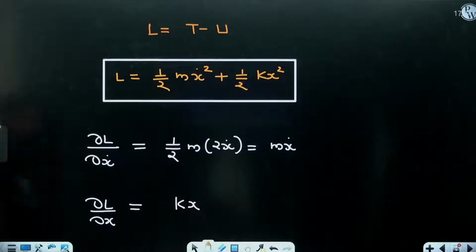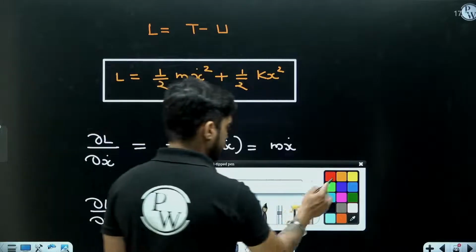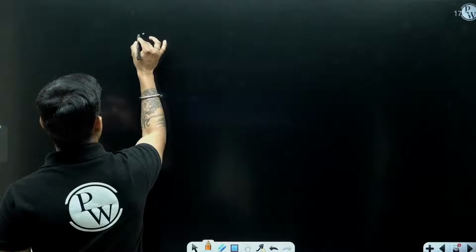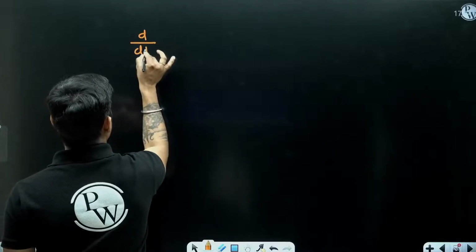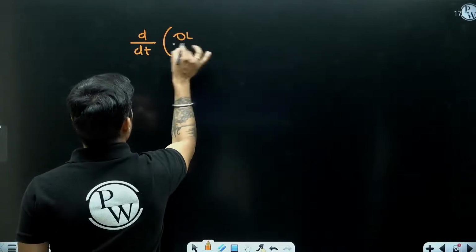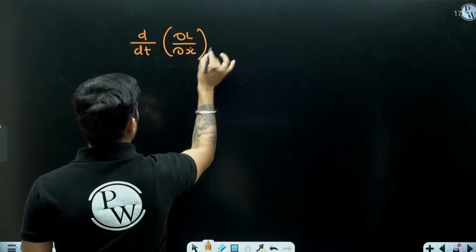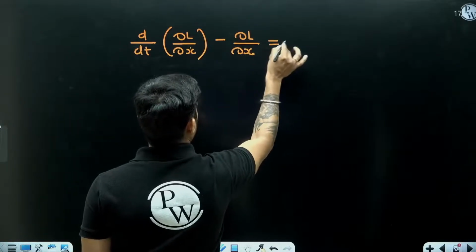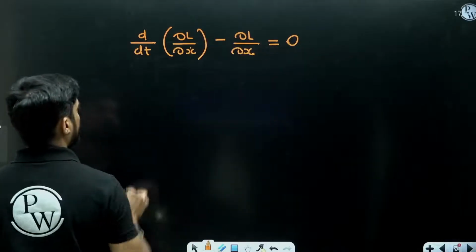Okay, so now the equation of motion will become d by dt of del L by del x dot minus del L by del x equal to 0.